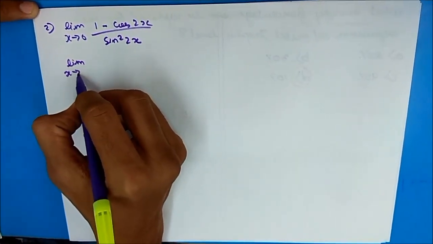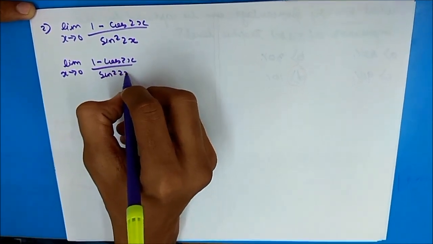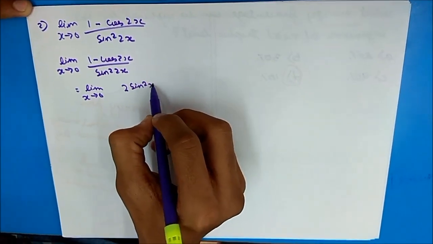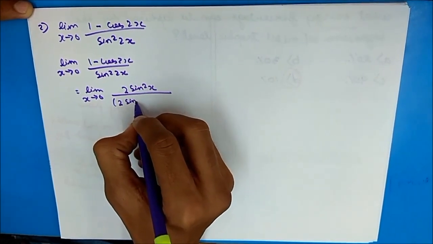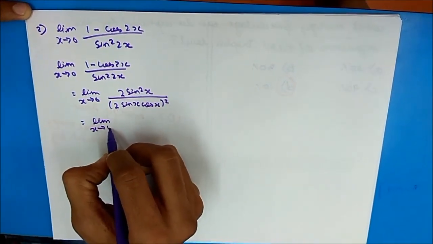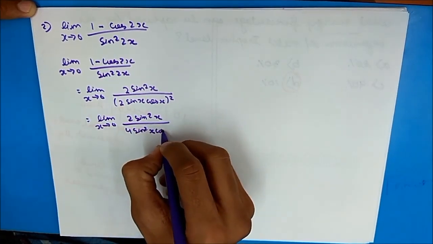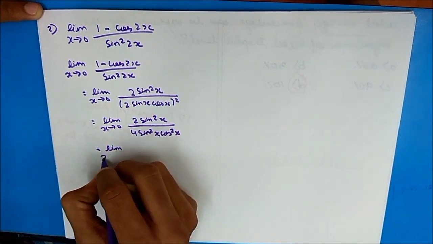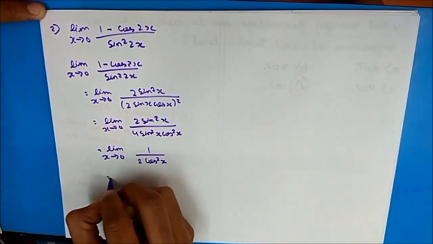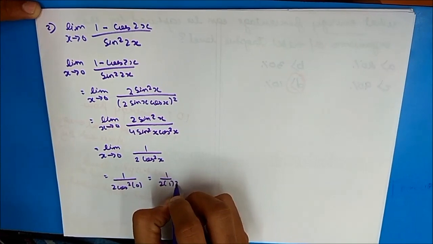Limit x tends to 0, 1 minus cos 2x upon sin square 2x is limit x tends to 0, 2 sin square x upon 2 sin x cos x the whole square, limit x tends to 0, 2 sin square x upon 4 sin square x cos square x is limit x tends to 0, 1 upon 2 cos square x is 1 upon 2 cos square 0, which is 1 upon 2 bracket square, that is 1 upon 2.